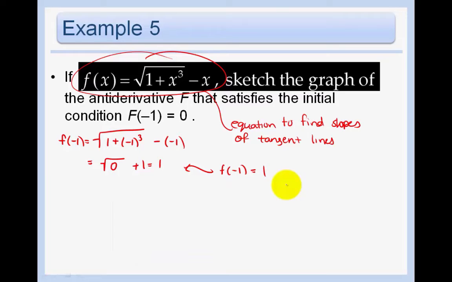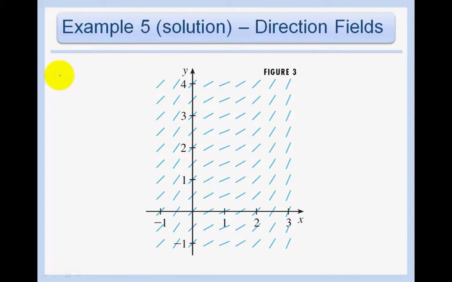So we can go ahead and graph what we call direction fields. If I want to graph the antiderivative, and I know that f of negative 1 equals 1, then wherever x equals negative 1, I want to draw in a slope of 1.